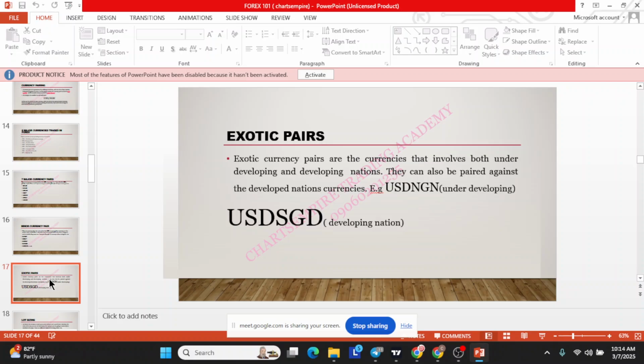The fact that they are paired with USD does not make it a major currency pair. They are under exotic.